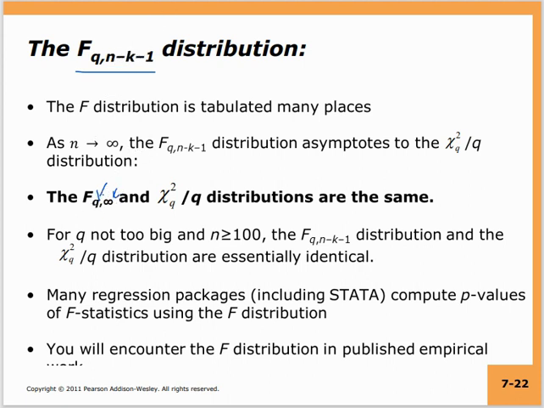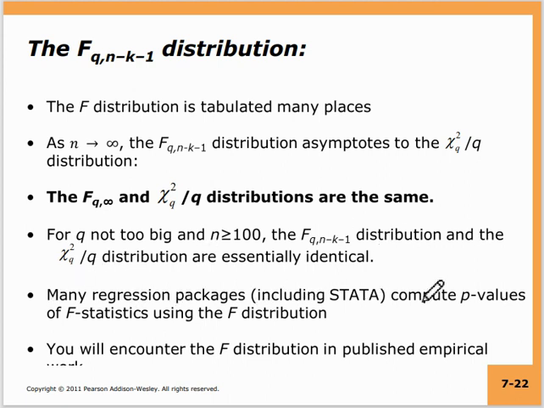So you will have F(q, infinity), and that will tend towards the chi-square by q distribution, and they will be the same for q not too big and n greater than 100. So basically, if n is greater than or equal to 100, we are assuming it is close to the chi-square by q distribution. They are essentially identical.